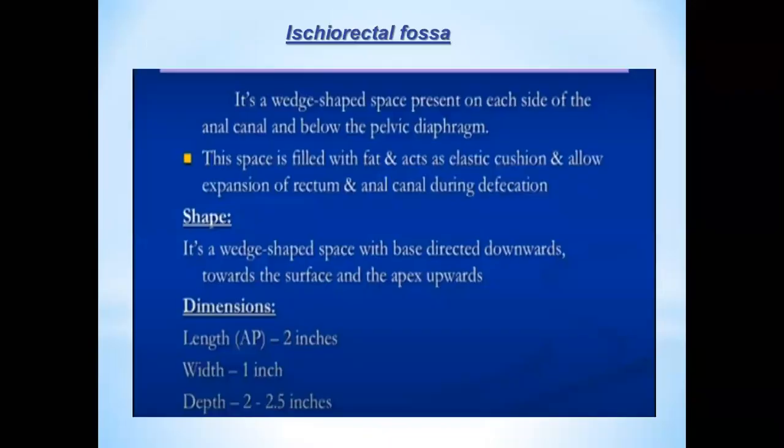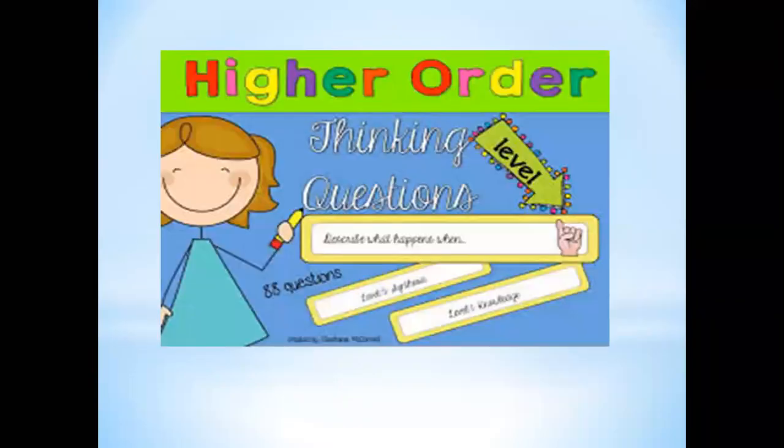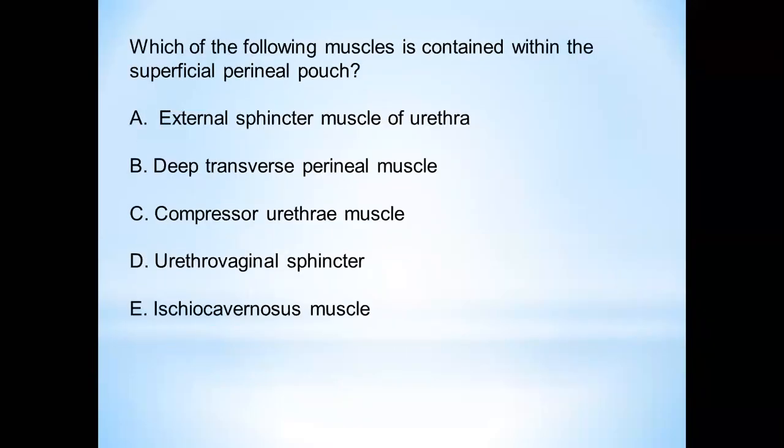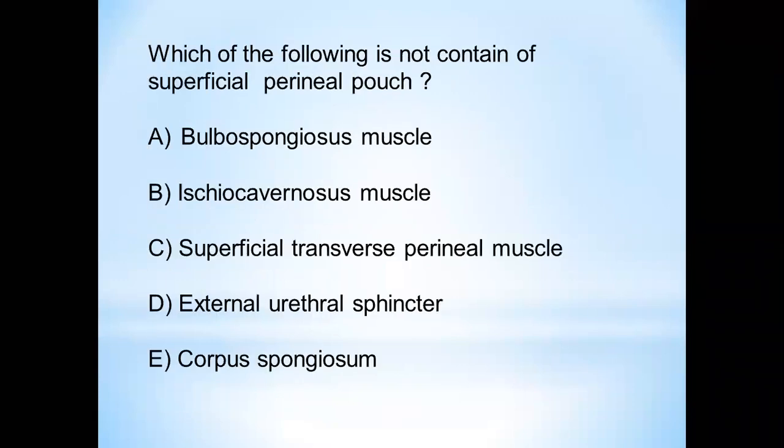It was a typing mistake by me in the question. So the correct answer to which of the following is not contained in the superficial perineal pouch is external urethral sphincter, because it's a part of the deep perineal pouch.